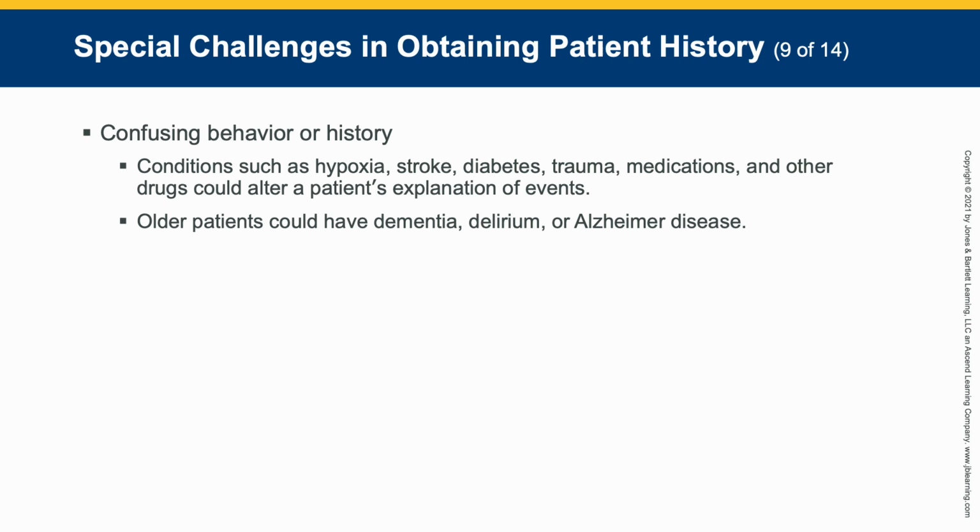The best thing you can do is to be calm and systematic. You need to ask simple, direct questions and compare what the patient says to what you observe or what any bystanders report. It's important to use the AVPU scale and orientation checks to assess their mental status.